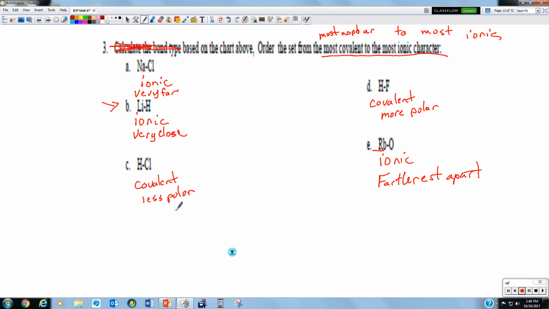So if I had to arrange these from most covalent to most polar to most ionic, I'm going to start with HCl. I'm going from most covalent, most nonpolar, to most ionic. So this is going to be covalent.